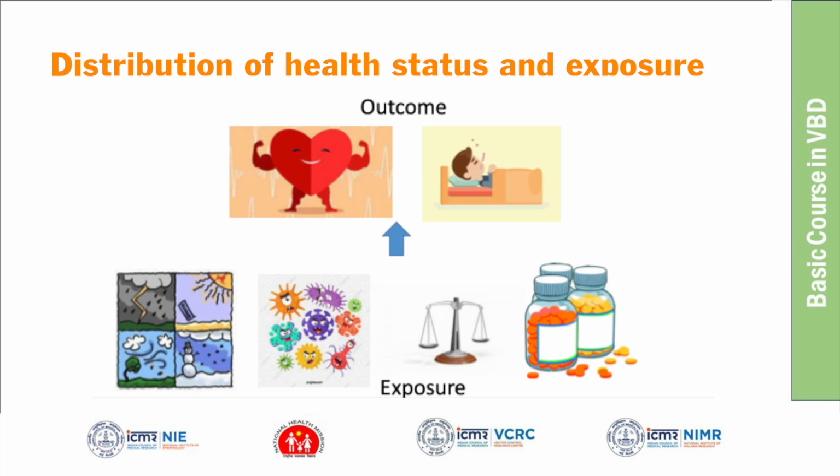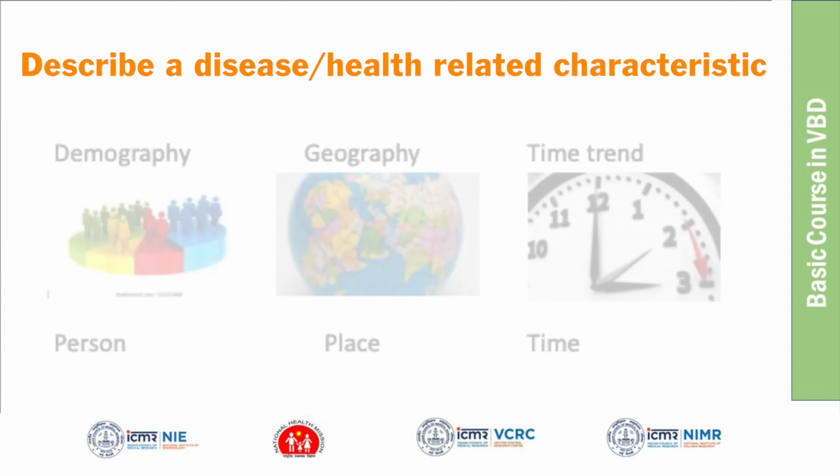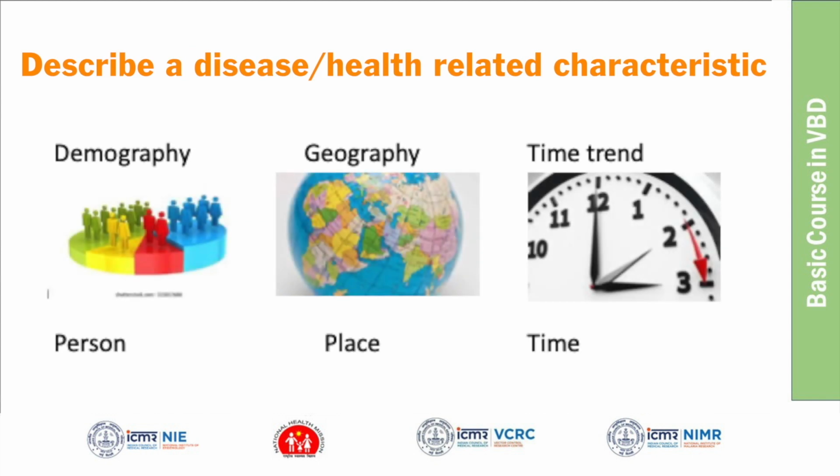And we have to describe the pattern of distribution of not only the outcome, we are also interested in the distribution of the exposure or the risk factors, such as climatic variation and environmental factors, infective organisms such as virus and bacteria, socio-cultural behaviors, socio-economic status, gender inequality, and various kinds of drugs and vaccines, whatever is responsible for the outcome.